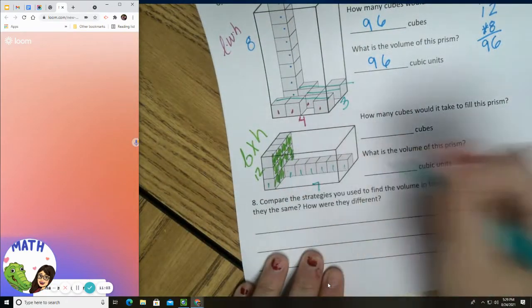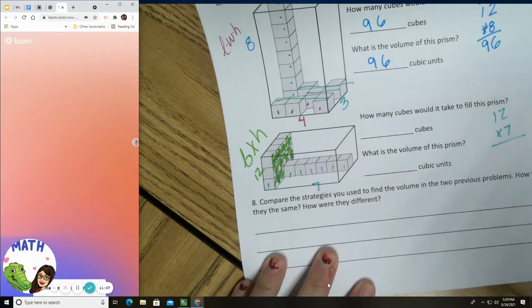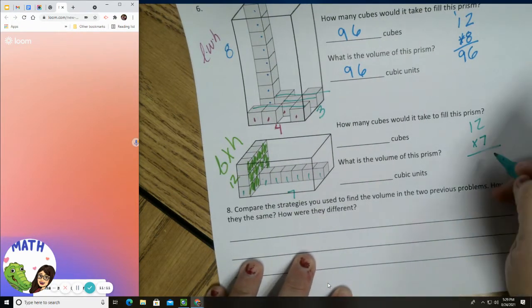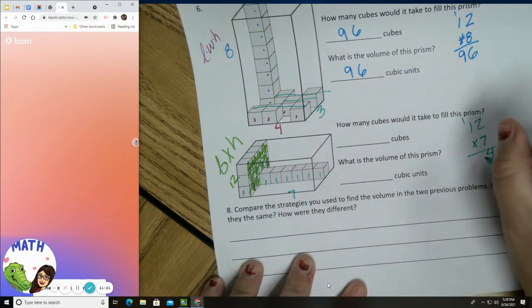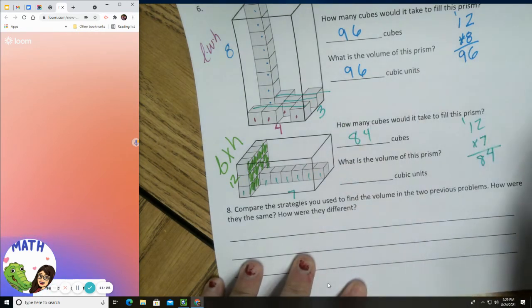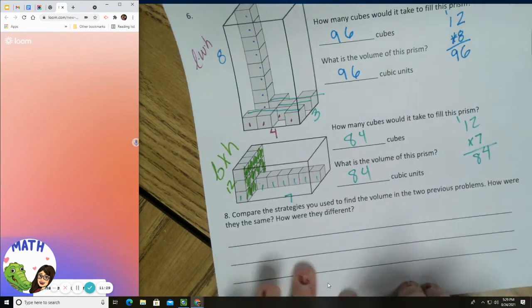My height would be 7. So what is 12 times 7? 7 times 2 is 14. Carry my 1. 7 times 1 plus 1 is 8. So 84 cubes to fill it. It is 84 units cubed.